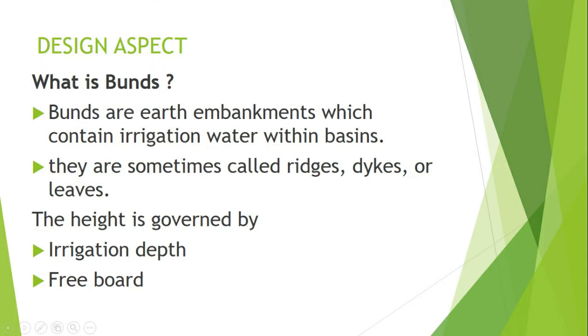What are bunds? Bunds are earth embankments which contain irrigation water within basins. They are sometimes called ridges, dikes, or levees. The height is governed by irrigation depth or freeboard.